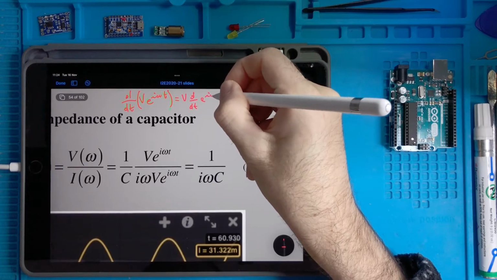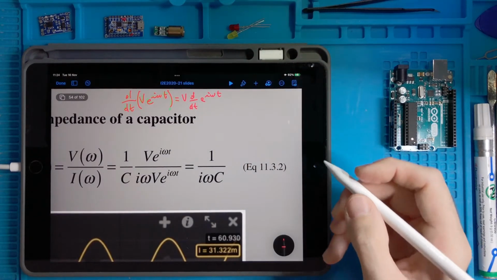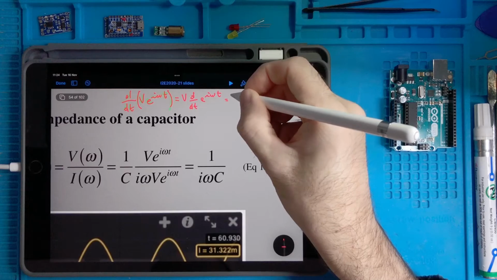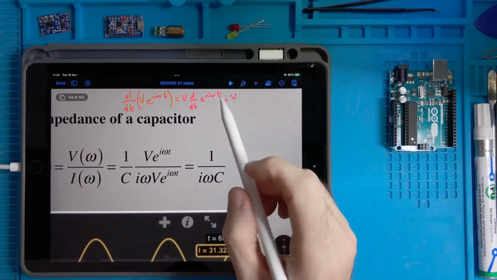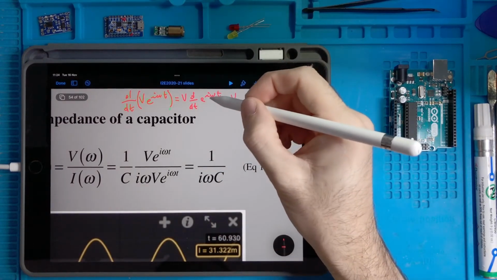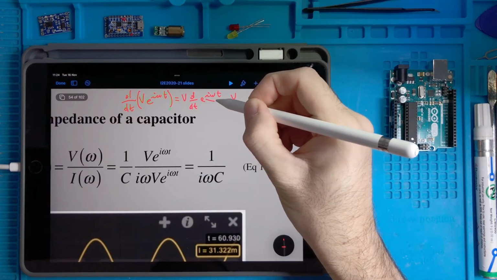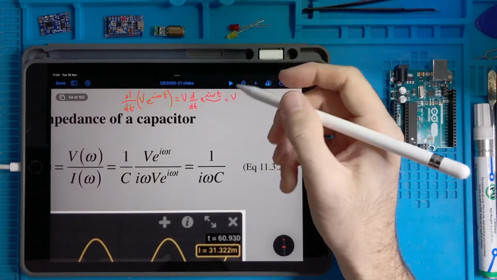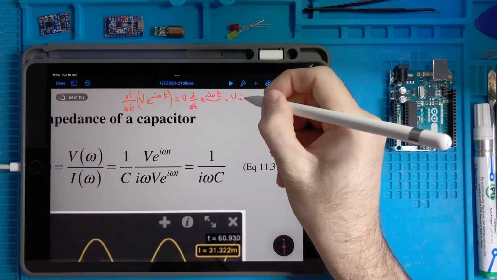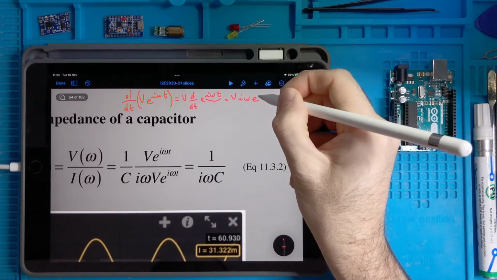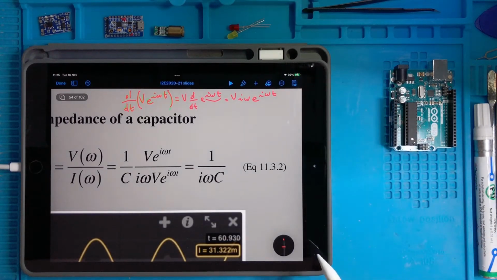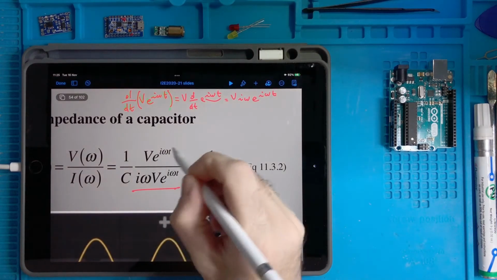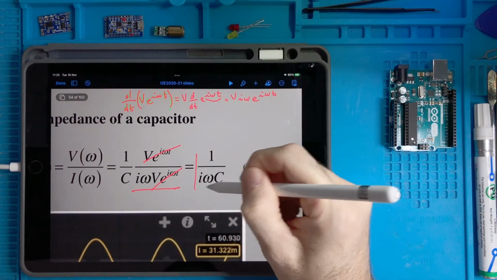And then we have to compute the derivative of the exponential, which is the exponential itself, multiplied the derivative of its argument with respect to the variable t. So this is I omega e to the I omega t, which is what is written here. So again, we do some simplifications. So this goes away with this, and then we get this.